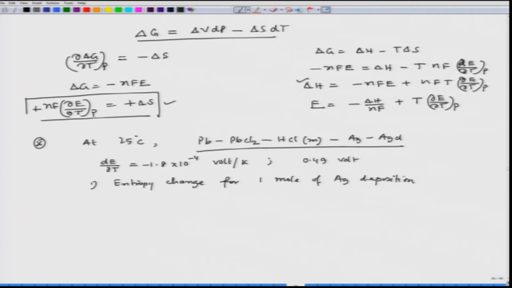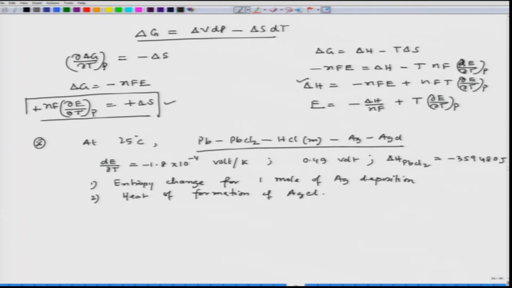Now, we can also calculate the heat of formation of silver chloride, and another data that is provided is del H of PbCl2 is equal to minus 359,480 joule.